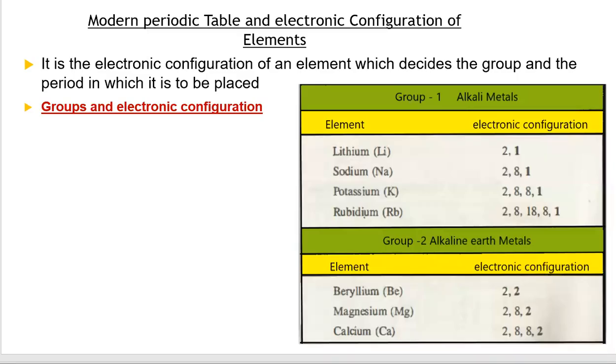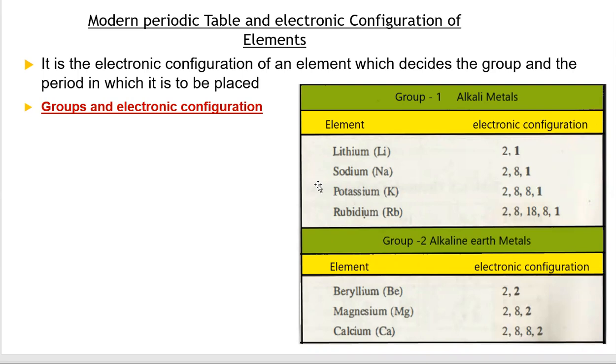Modern periodic table and electronic configuration of elements. There is a close relationship between atomic number and electronic configuration. We know that in the modern periodic table, the elements are arranged on the basis of atomic number.